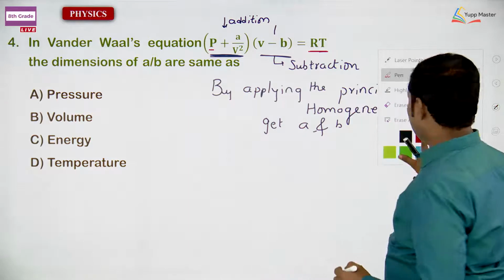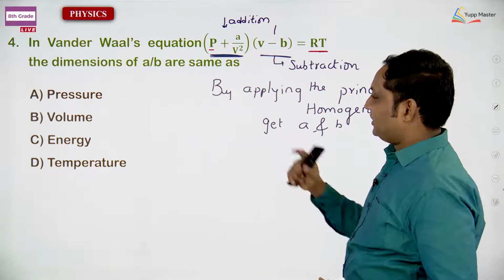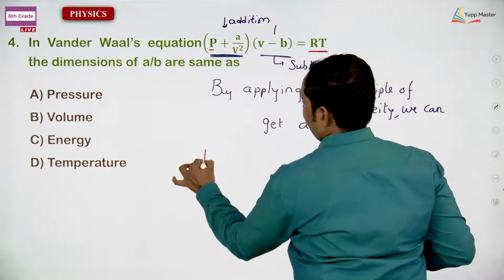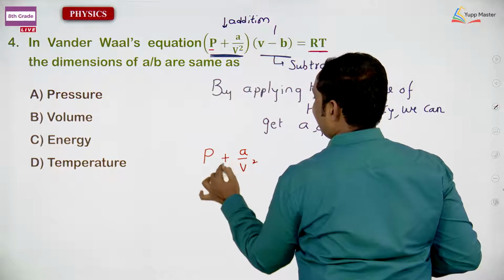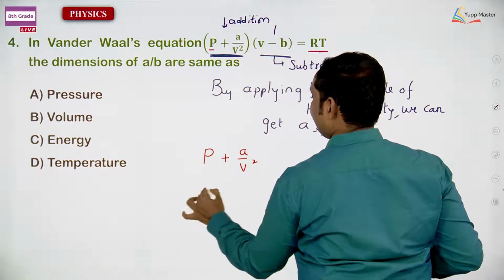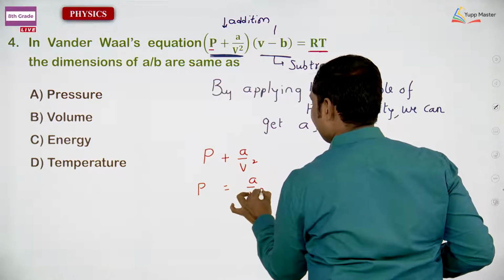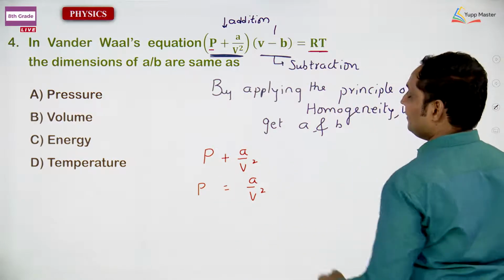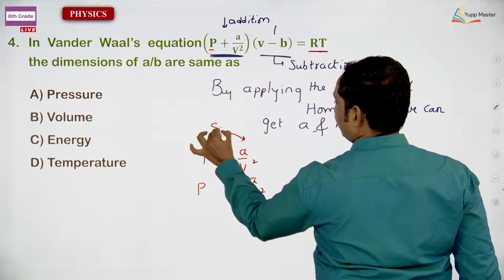Now, we take P plus A by V square. So P is equal to A by V square. They also have the same nature.